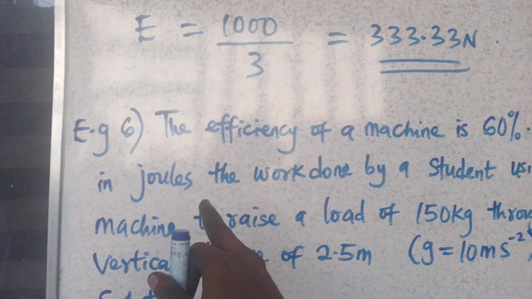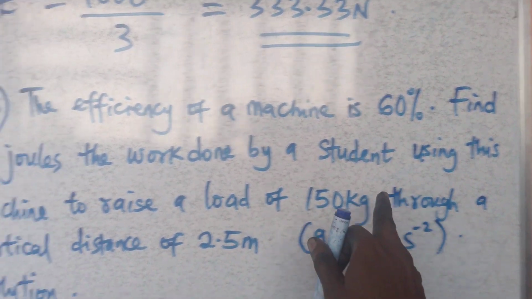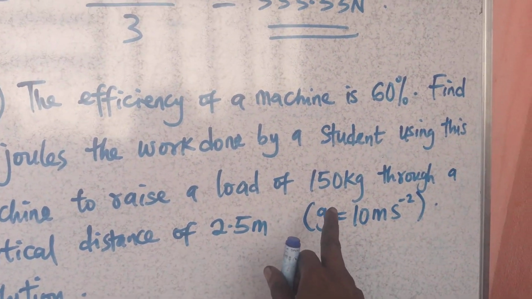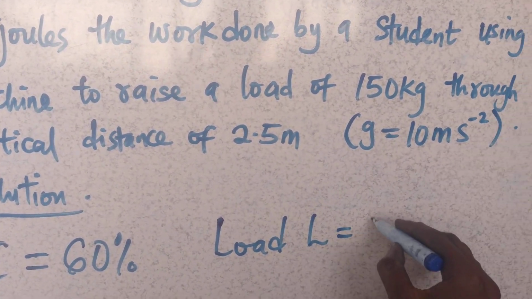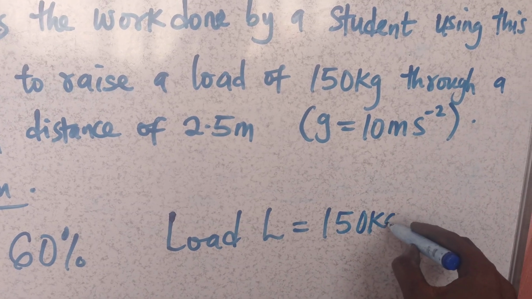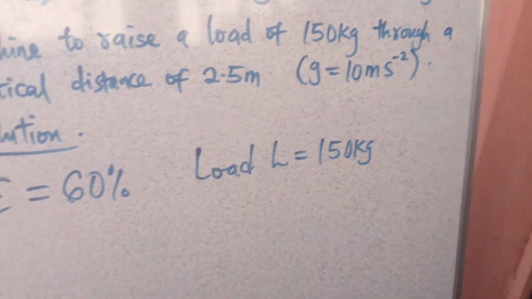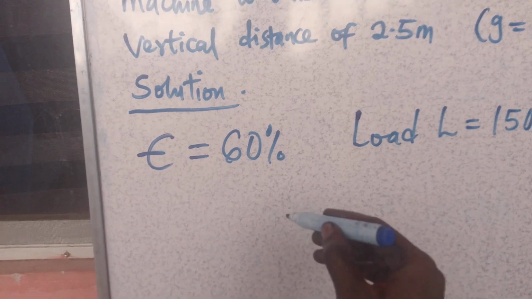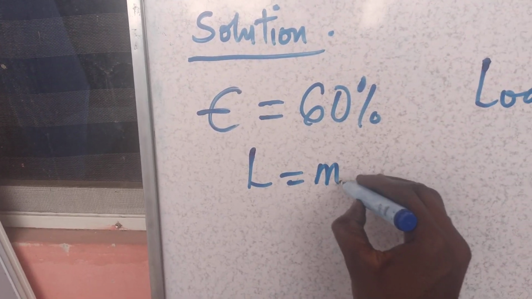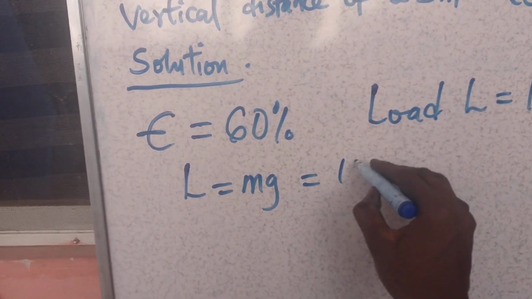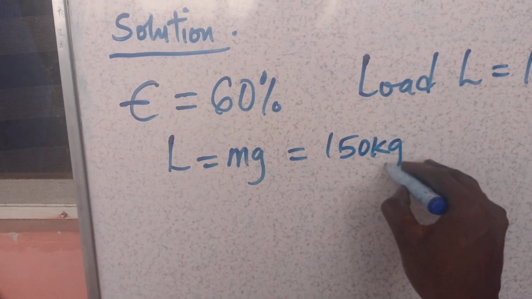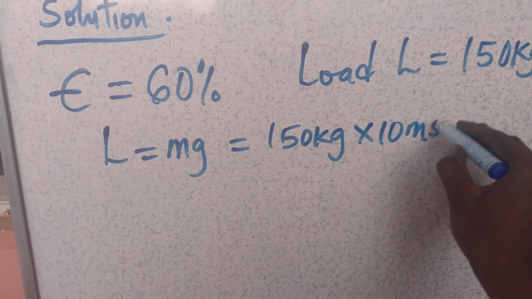It says find in joules the work done by a student using this machine to raise a load of 150 kg. The load is 150 kg, but we can't leave it like this. We have to convert it to SI units. That's L is equal to mg, converting to newtons. That is 150 kg mass multiplied by 10 meters per second squared.